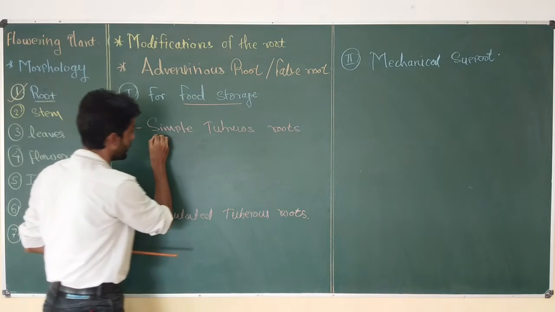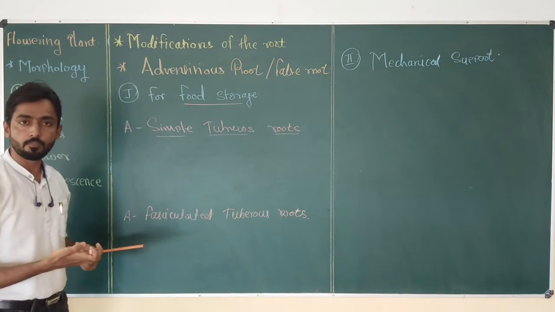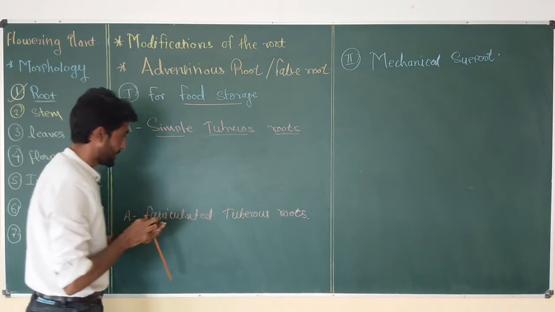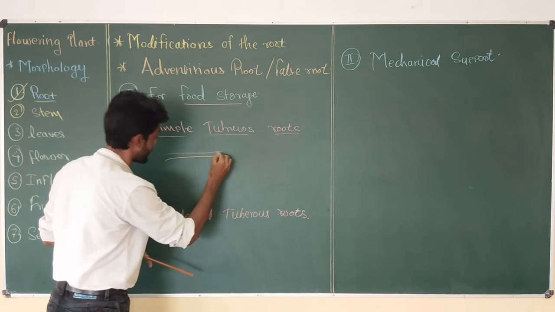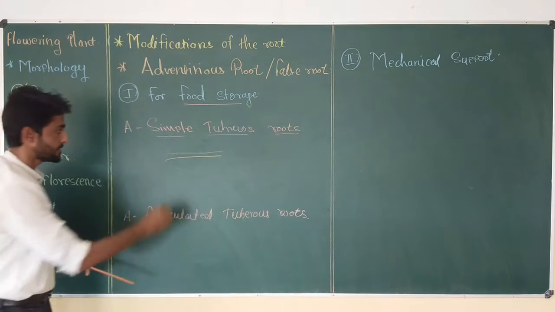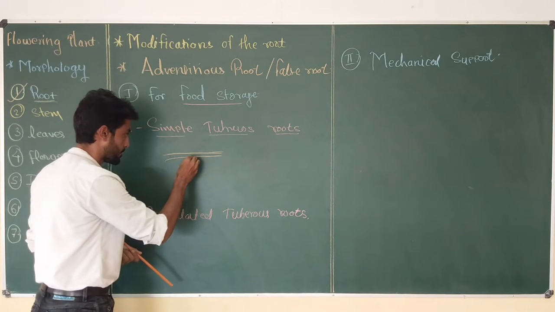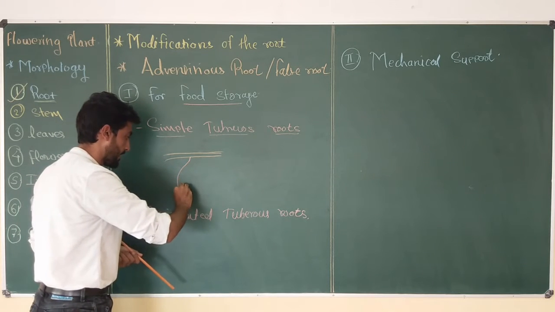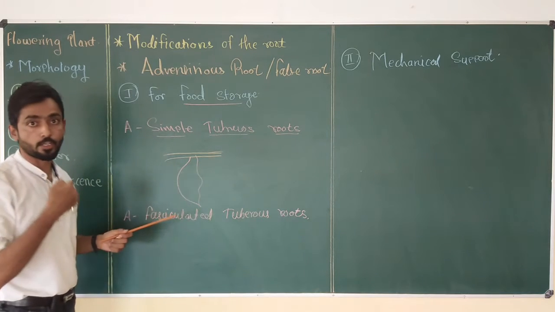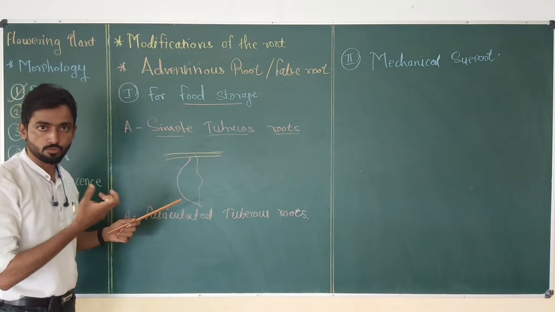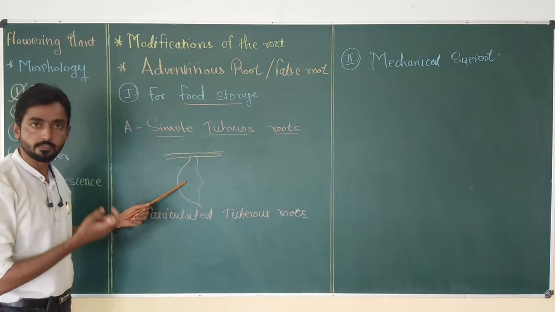In case of simple tuberous roots, the root generally develops from the stem. Suppose this is the stem of the plant, and from this stem the root system develops and the root gets enlarged in size due to storage of the food. The root becomes enlarged, swollen and fleshy because the food material gets stored inside the root.